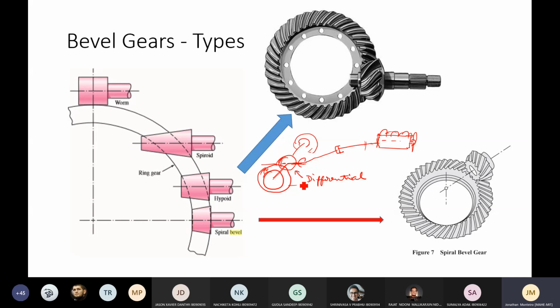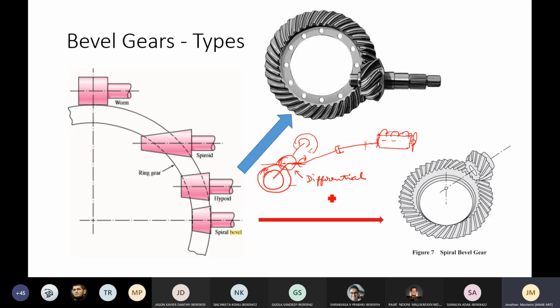Owing to this curvature difference, the inner wheel has to turn slower and the outer wheel has to turn faster. But you have only one drive shaft, only one propeller shaft that is able to rotate. So how to adjust for this difference? You make use of a differential.